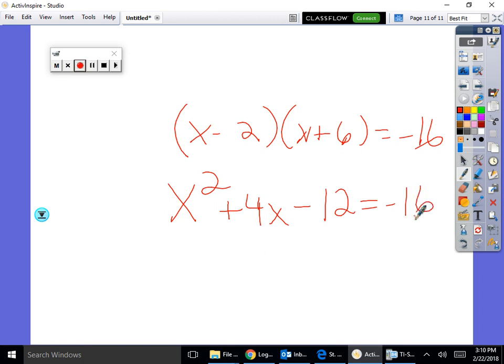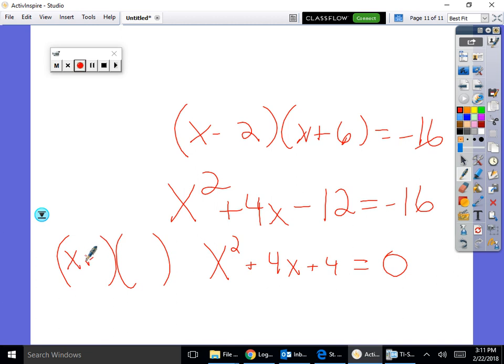Now what do I do? Add 16. So x squared plus 4x plus 4. What are 2 numbers that multiply to 4 and add up to 4? 2 and 2. X plus 2, x plus 2. What are these as solutions? x equals -2.